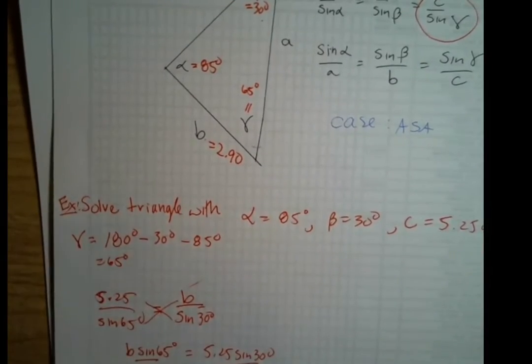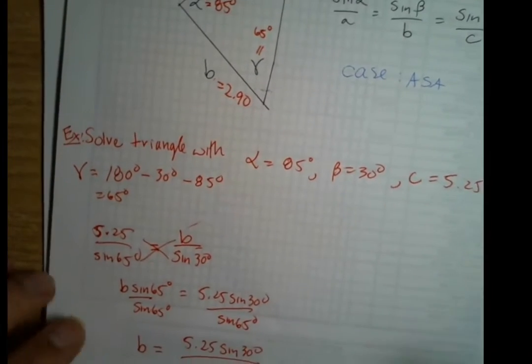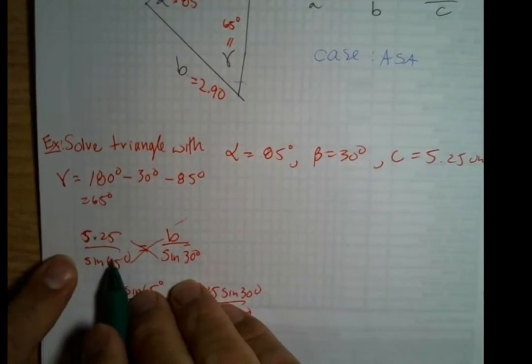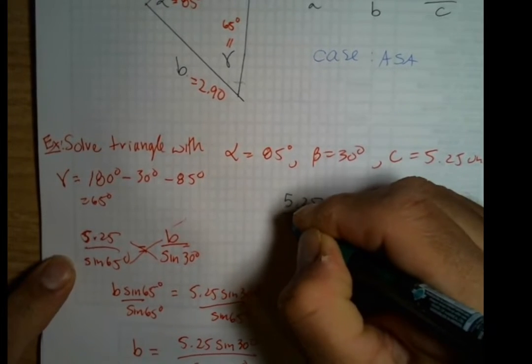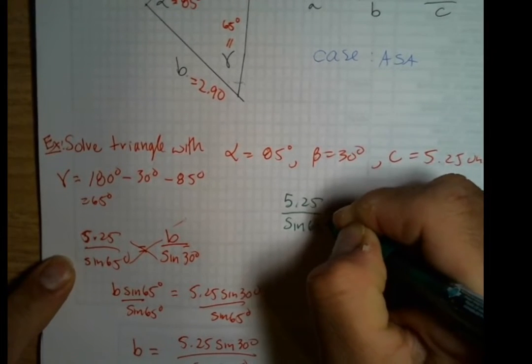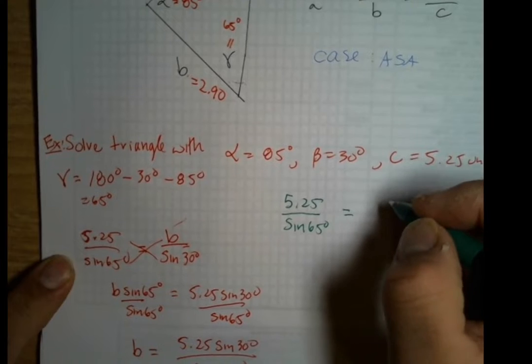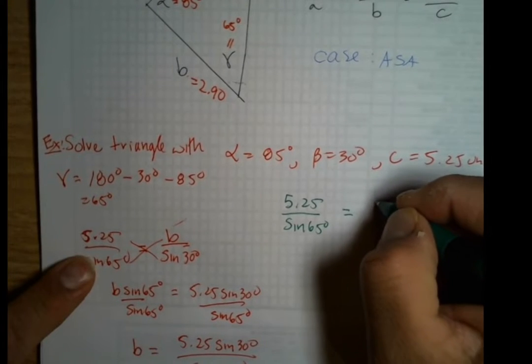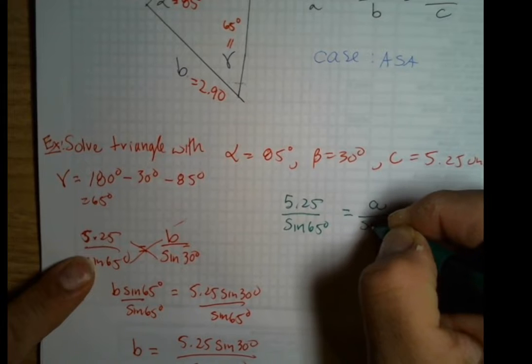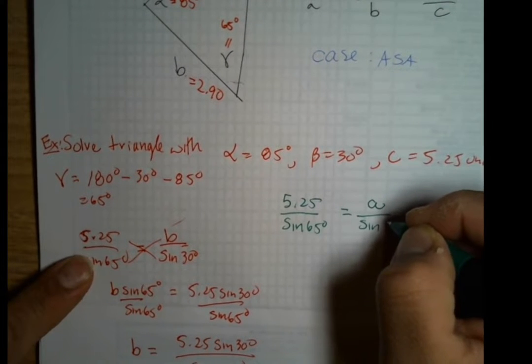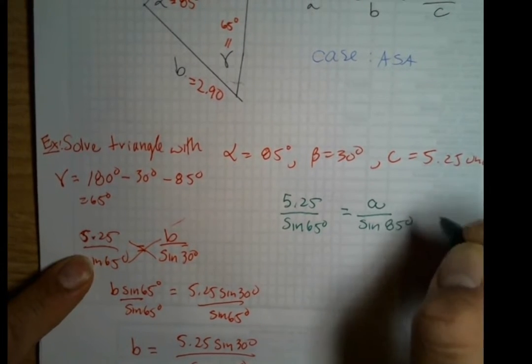I'm going to use the law of sines again. I'm going to use the same ratio here, 5.25 over sine of 65 degrees. And over here we'll have A, my last unknown, over its corresponding angle, the angle across from it, sine of 85 degrees.